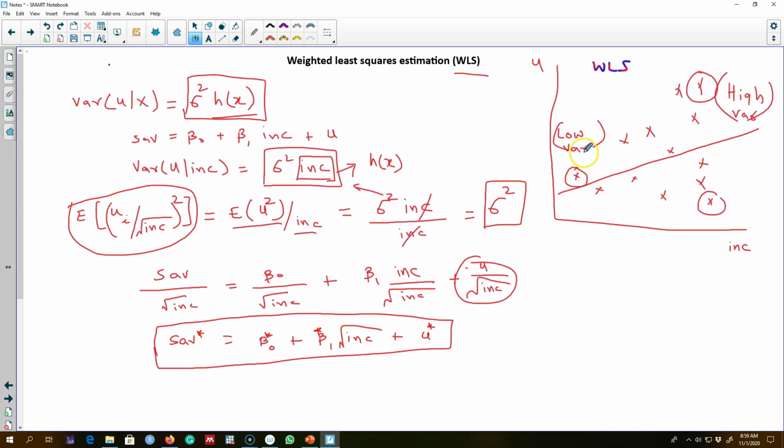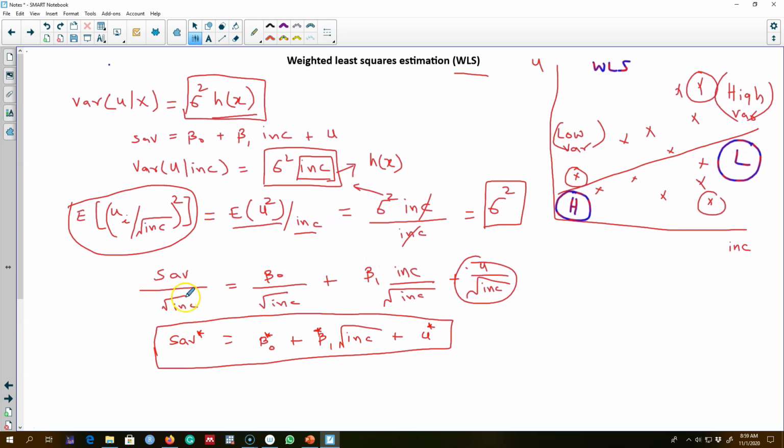For example, if an observation lies in this low variance zone, it will assign a high weight to it. And if an observation lies in this high variance zone, it will assign a low weight to this observation. Now this is different than the OLS, which was treating all these observations as having an equal impact. But here, the weights and the impact of each observation depend on whether the observation lies in the low variance zone or high variance zone.